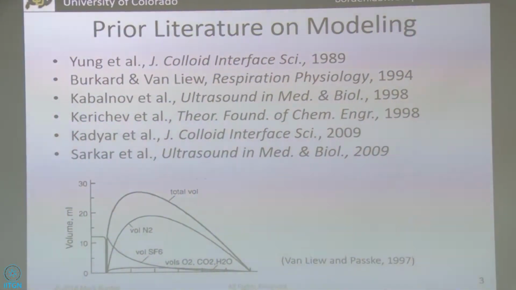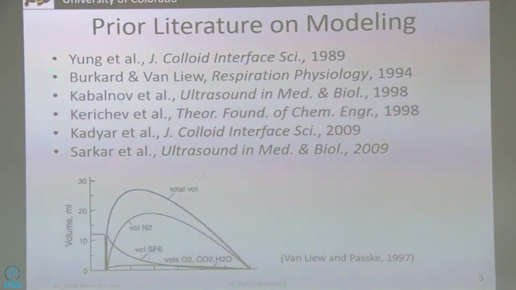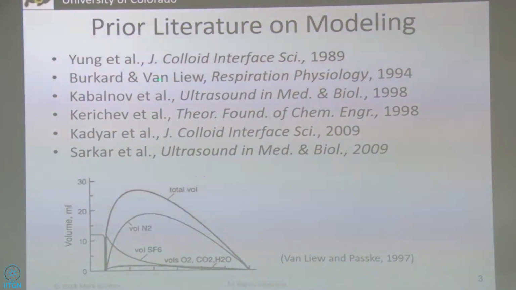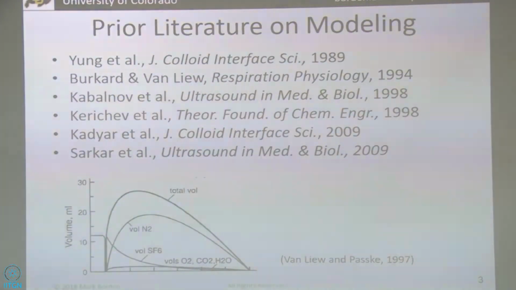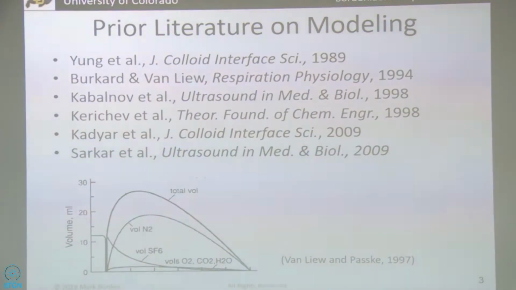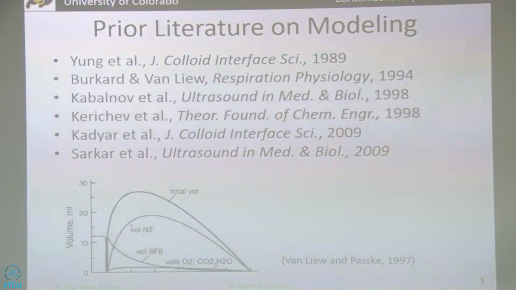Kadyar is also a researcher in Sarkar's group. Ricard and Van Loo are interesting because they studied bubbles as blood substitutes, trying to use bubbles to replace red blood cells. They did some beautiful modeling. Unfortunately, the application never really panned out, but they have some very nice modeling in this area.